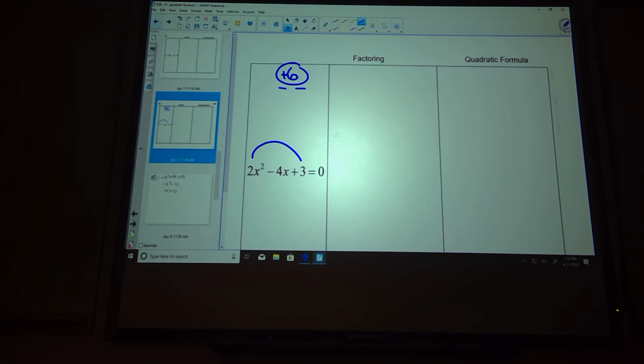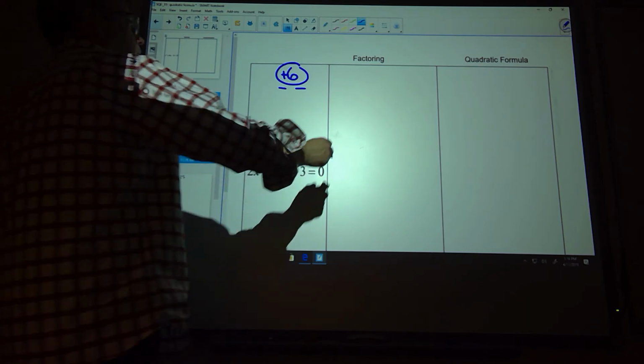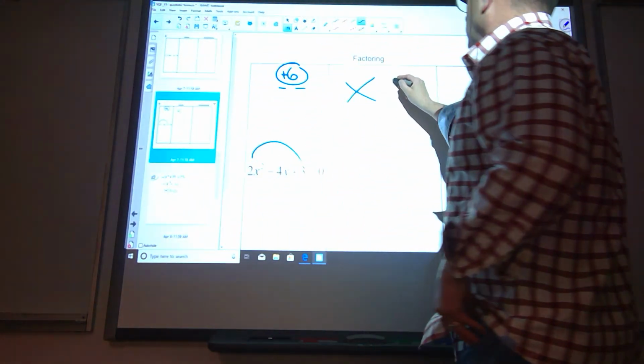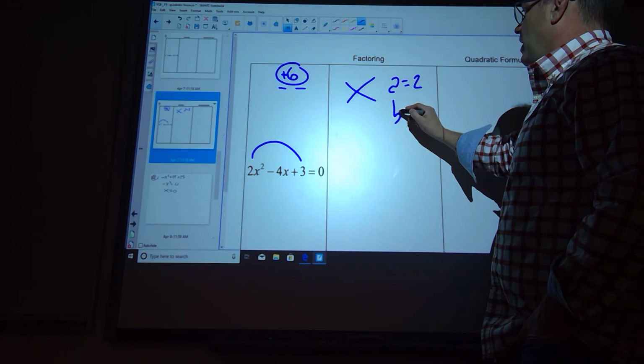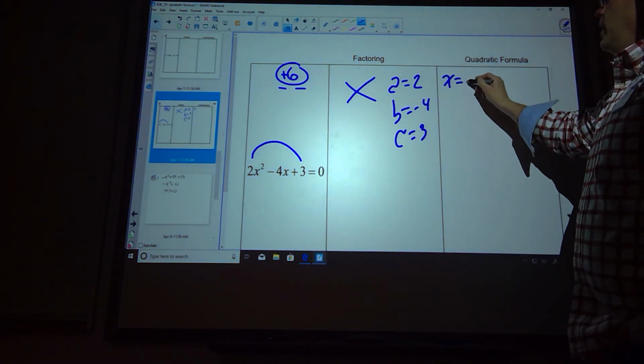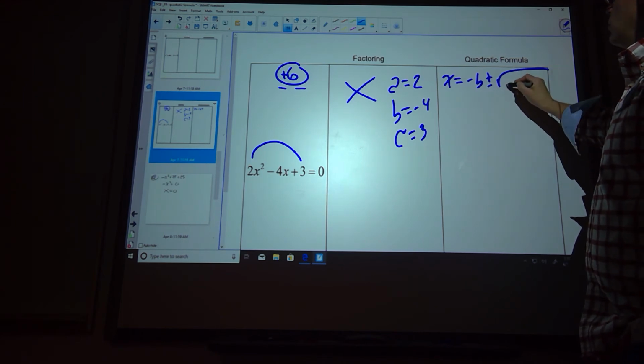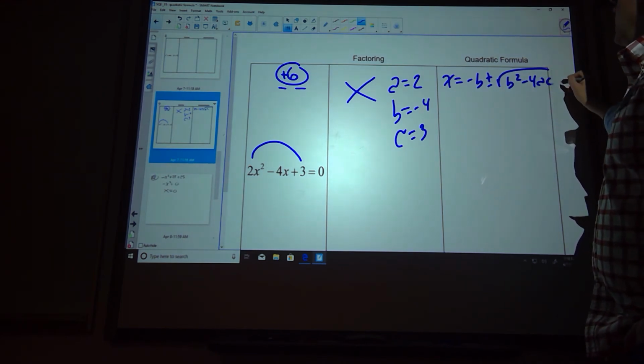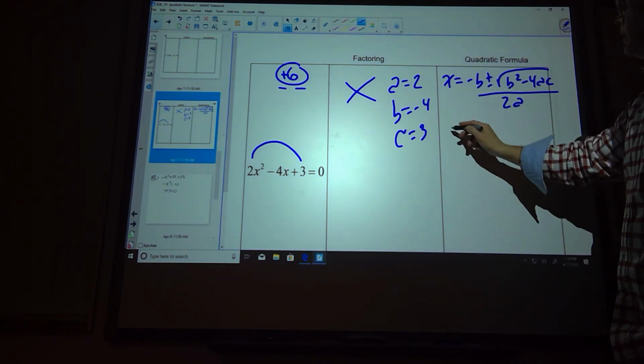Hey, does 2 times 3 or 1 times 6 add up to negative 4 in any way, shape, or form? No. So it won't factor. Okay, it won't factor. But you can say, well, my A value is 2, my B value is negative 4, my C value is 3, and x is equal to negative B plus or minus the square root of B squared minus 4AC all over 2A.